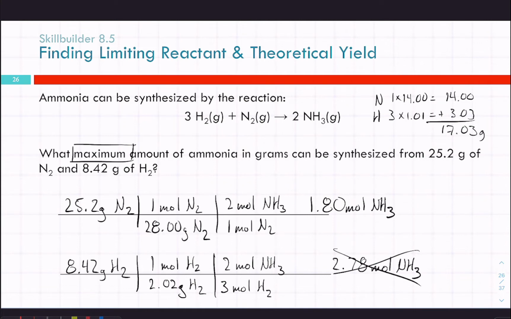And that's grams per mole of NH3. So if we want to get grams, we're going to have to divide by moles. So 1 mole of NH3 and multiply by the 17.03 grams.